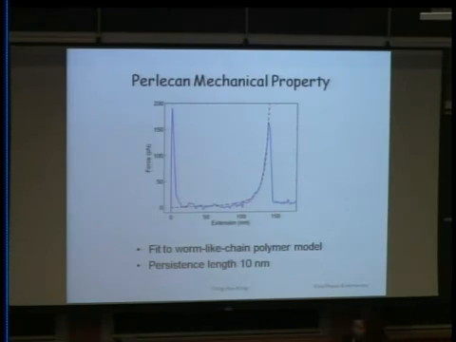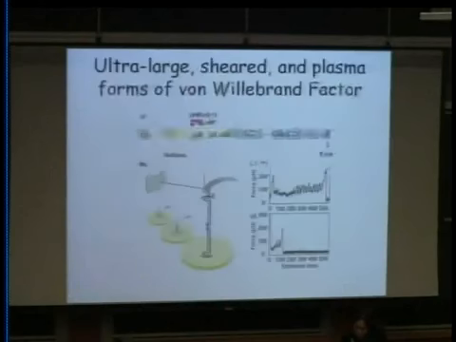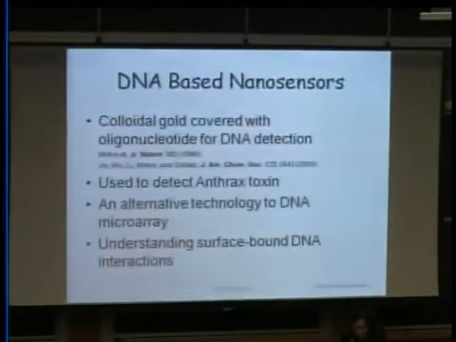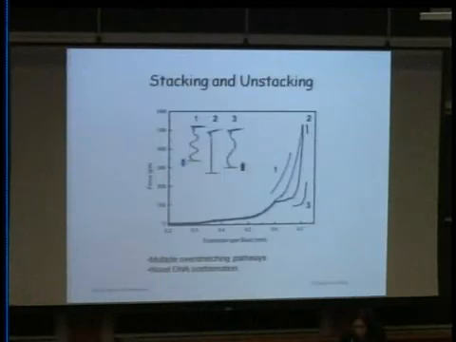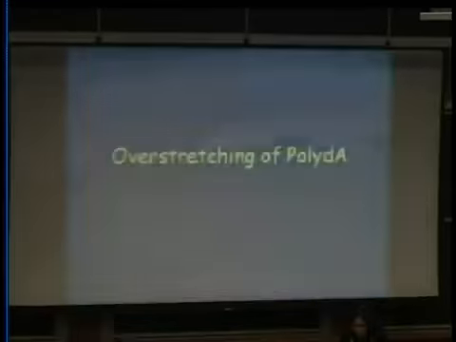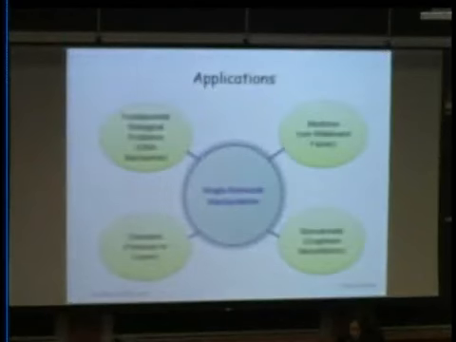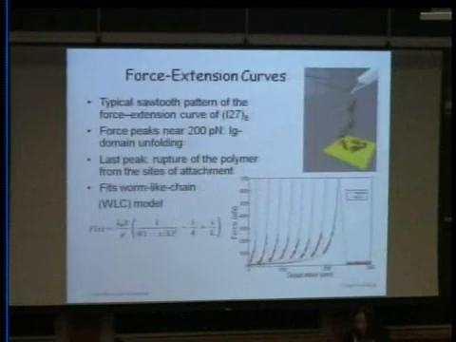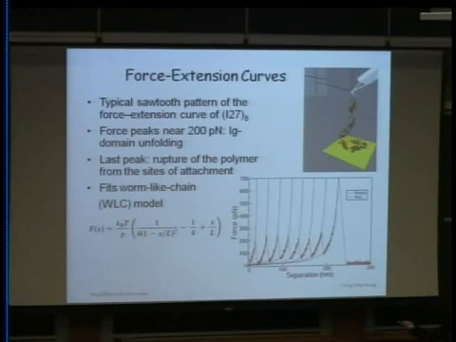So we just fit that. Here we assume they're so-called non-extensible, so we can't really stretch them. They're infinitely stiff in terms of stretching. We only consider bending, and then we fit it with this model. We have X and the force, and then we get the persistence length and the contour length.